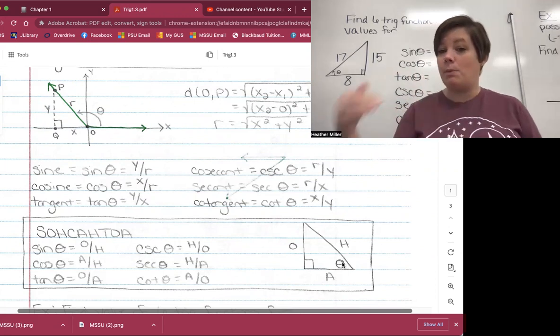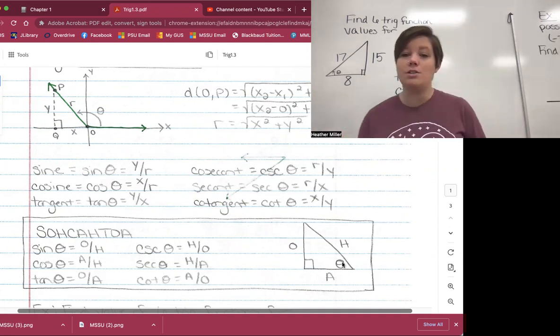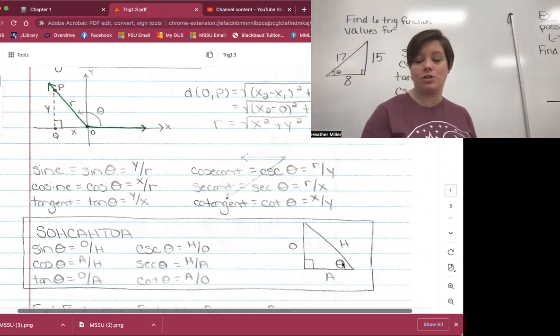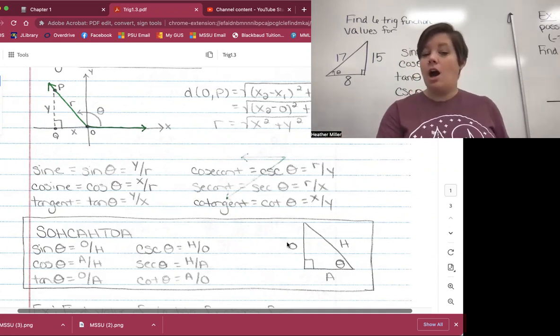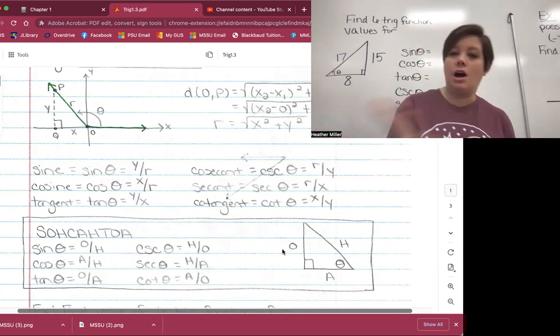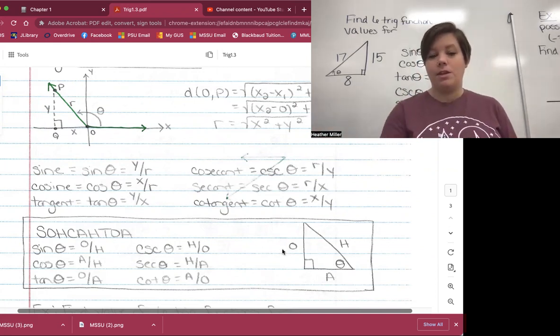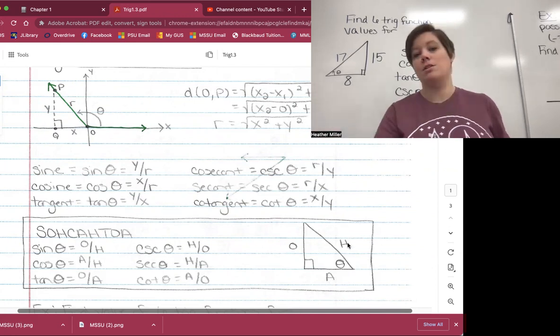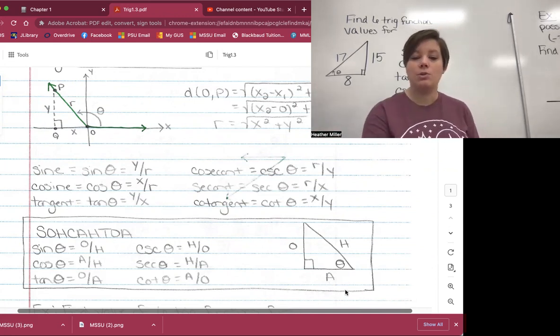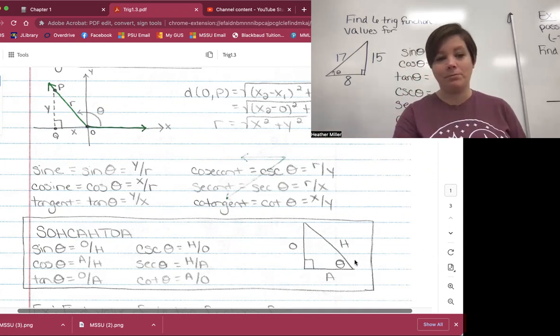Theta is down here in the bottom right hand corner. So we're trying to find the trigonometric functions in terms of theta. The opposite side is the one that is opposite of theta. The adjacent side is right next to theta, and the hypotenuse is the hypotenuse. So that's where these letters are coming into play.